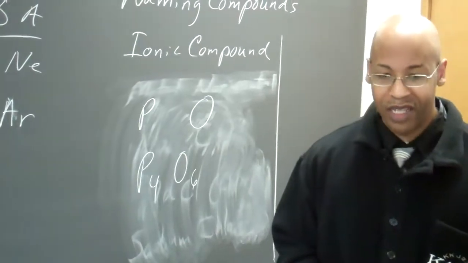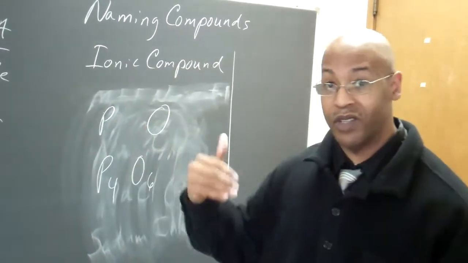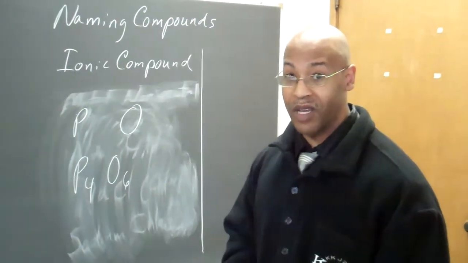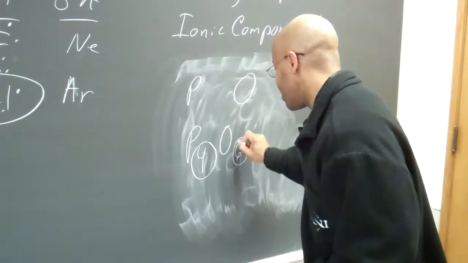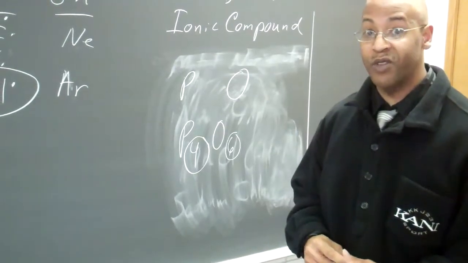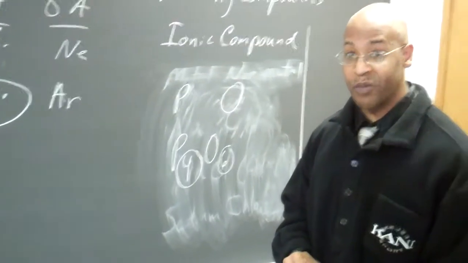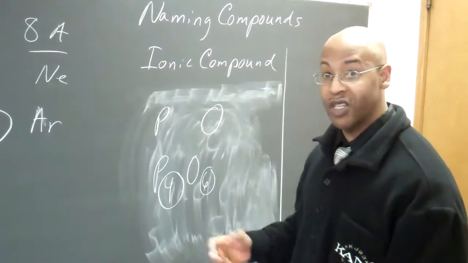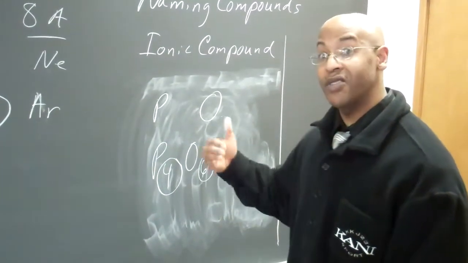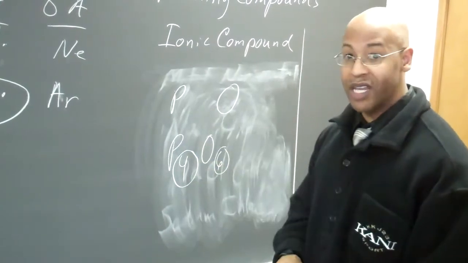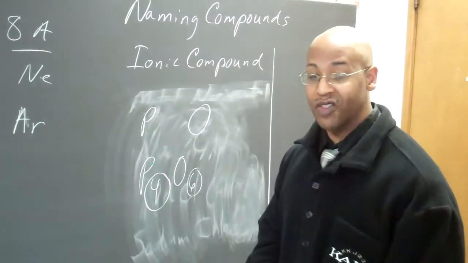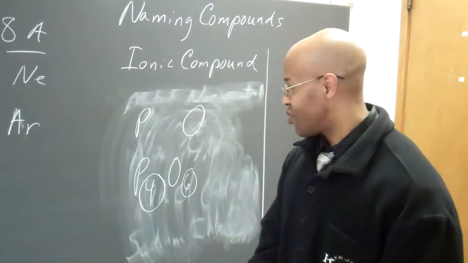Now with your covalent compounds, you will use prefixes in order to name your compounds. So this 4 and this 6, those 2 numbers, I have to use the Greek prefixes that represent them. So for 4 it would be tetra, for 6 it would be hexa, and I'll simply keep the element name. Now I will change the oxygen to oxide at the end.